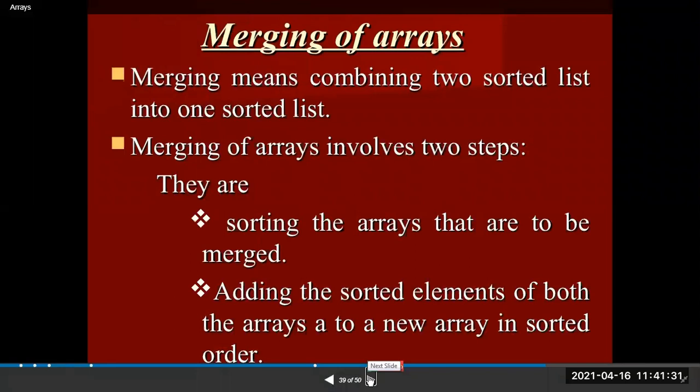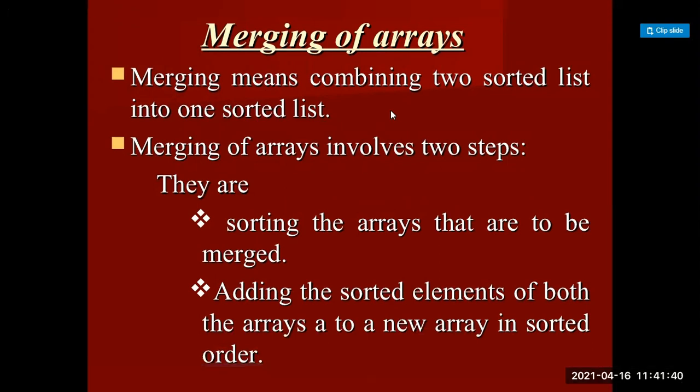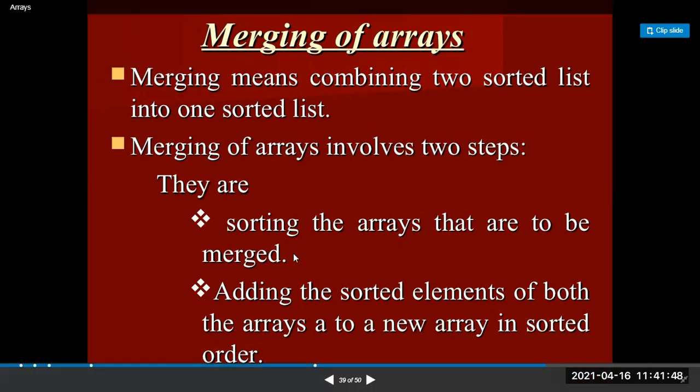So next one is merging. So merging of two sorted lists into one sorted list. So we have two arrays here. Merging is nothing but combining the two arrays into a single array. So here for merging we have two steps in all. One is sorting the arrays that are to be merged, and adding the sorted elements of both the arrays to a new array in sorted order.